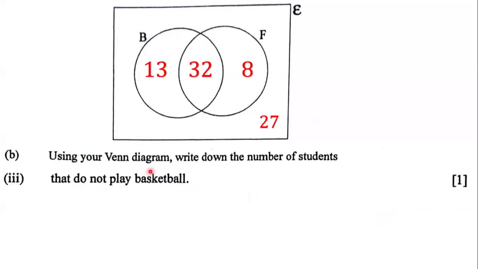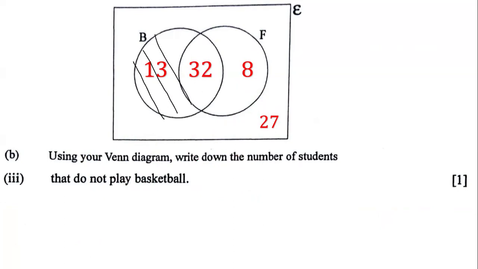Next, we want to use our Venn diagram to write down the number of students that do not play basketball, that just don't play basketball. So that means that if they don't play basketball, they play football only, or they play neither basketball nor football. And so in order for us to get our answer here, we have to basically eliminate basketball.